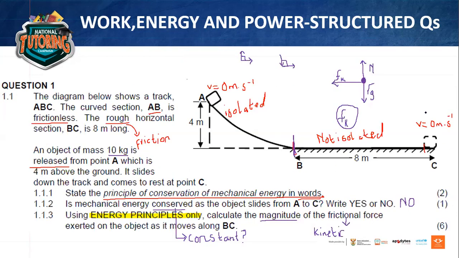The final speed is the speed at point C. Remember, the frictional force is only acting along BC. So I'm looking at the motion along BC. It means the motion starts at B, and that will be my VI, and the motion ends at C. That is going to be my VF. So I already have VF, which is 0.